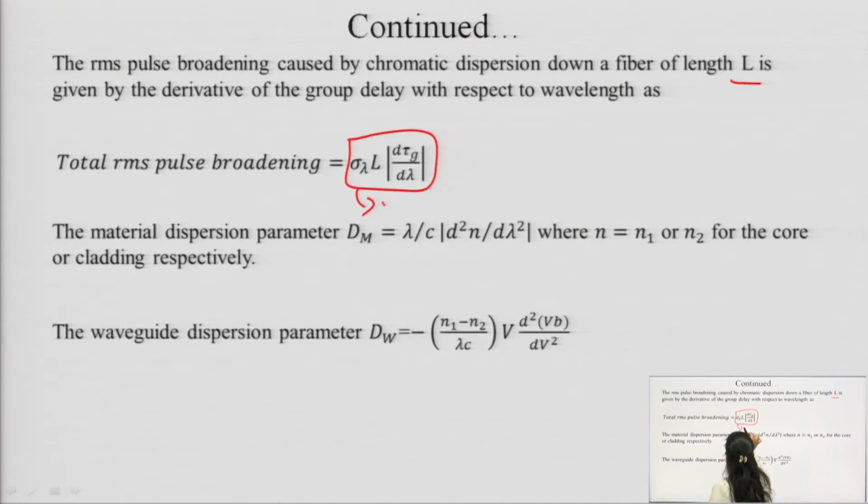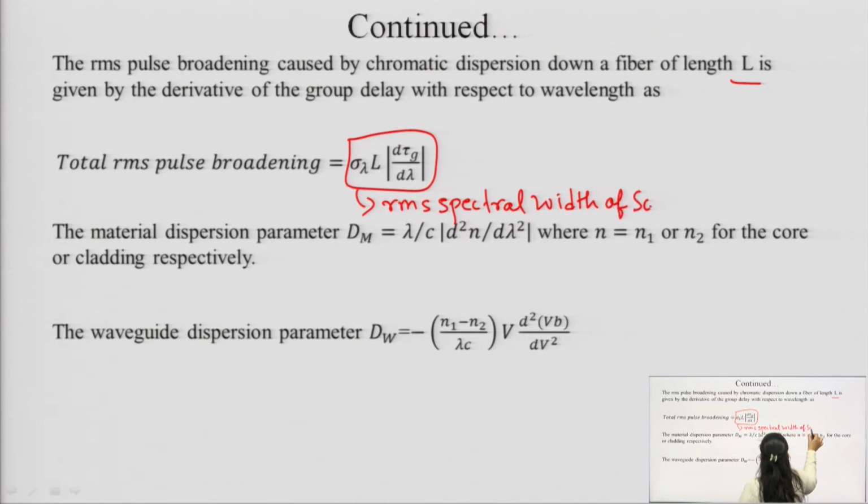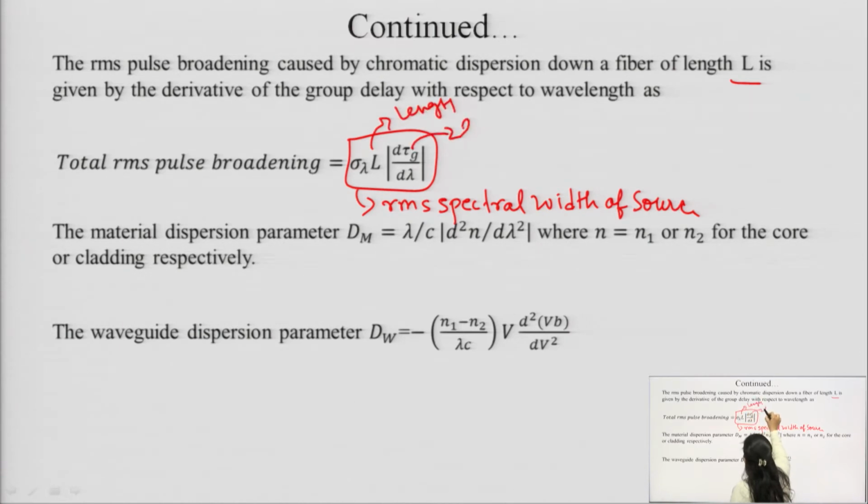This is the RMS spectral width given by the source. L is the length, tau g group delay.